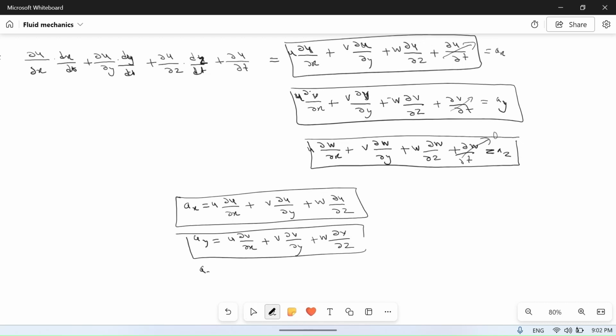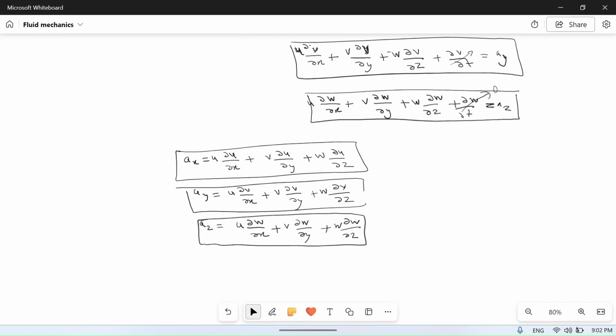Similarly, the acceleration in the z direction will become u del w by del x plus v del w by del y plus w del w by del z.